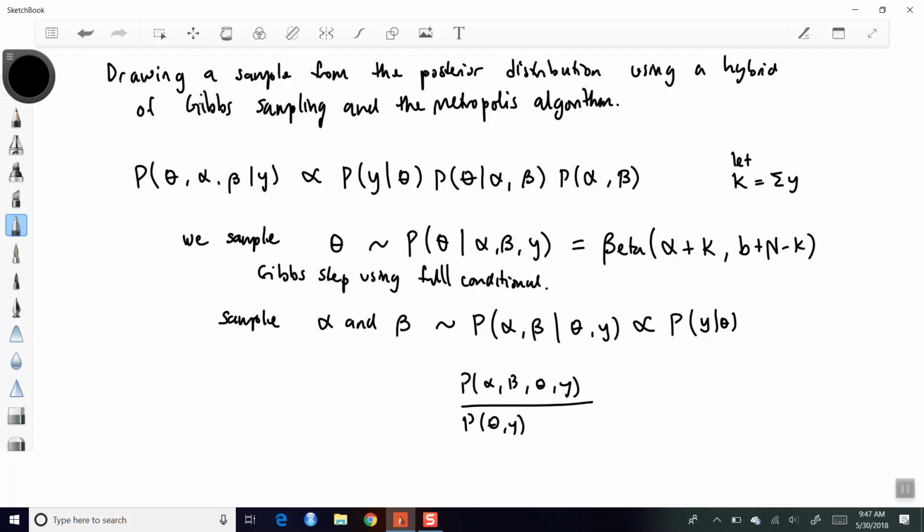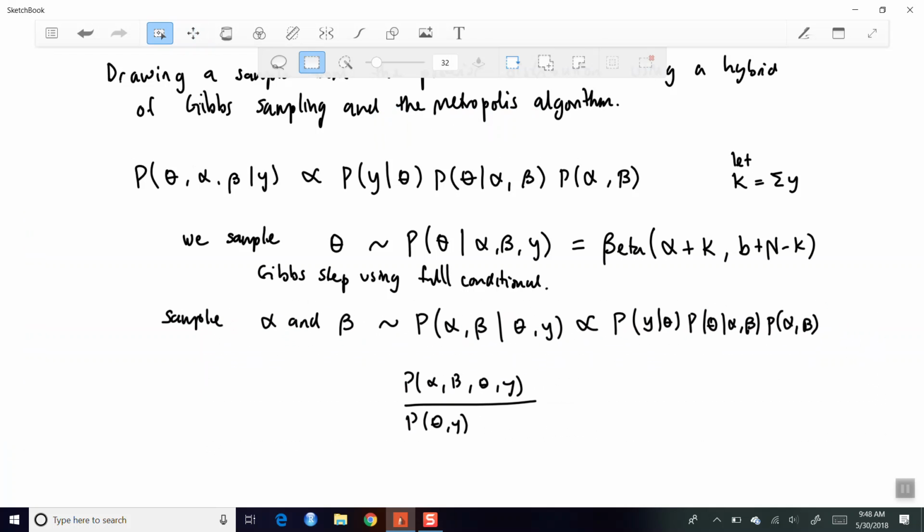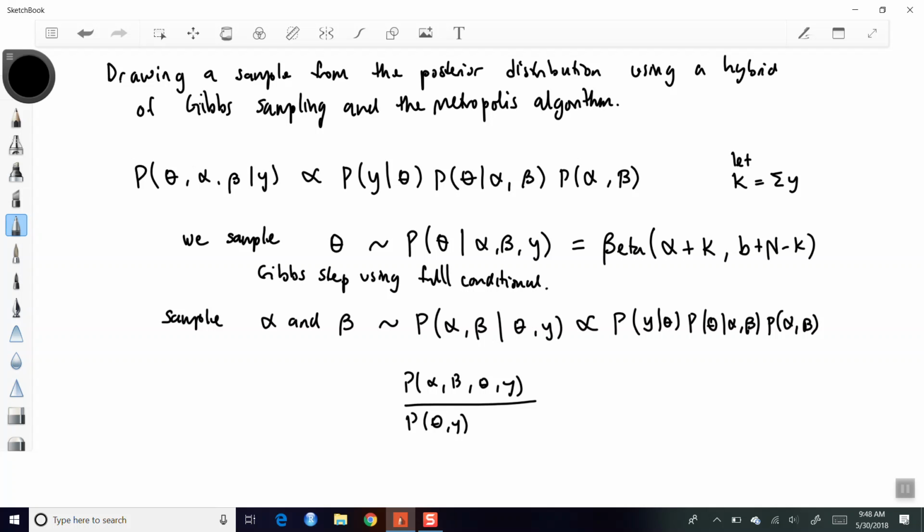And so the numerator part is still just going to be the product of everything: theta given alpha, beta times the probability of alpha and beta. Okay, and the denominator part will just boil down to a constant, maybe.